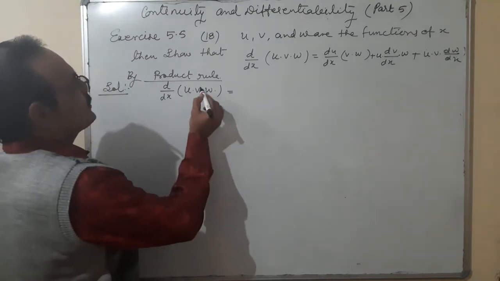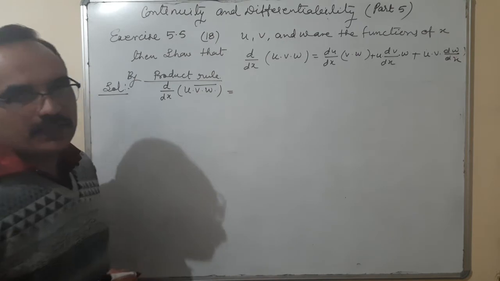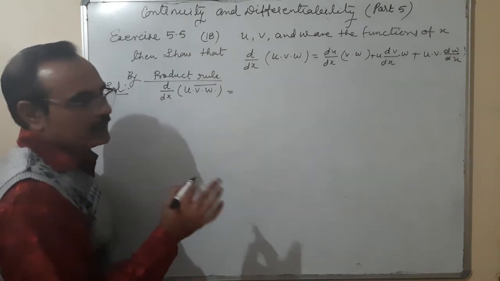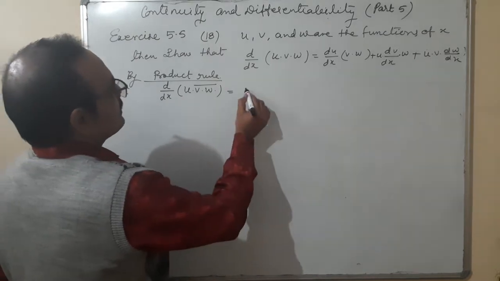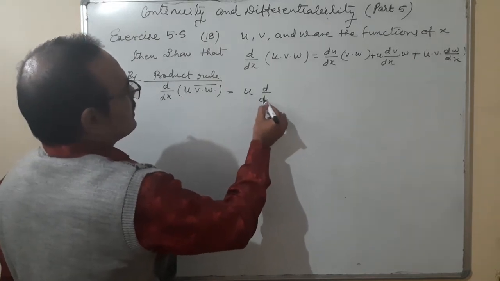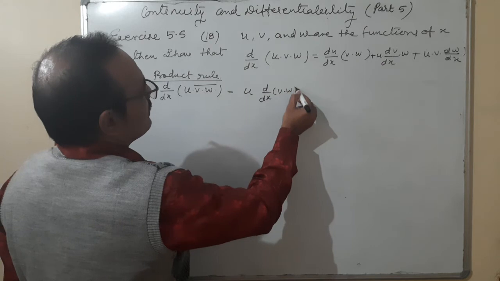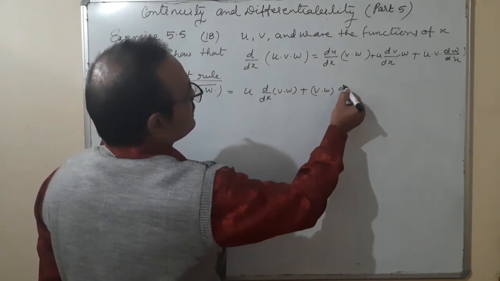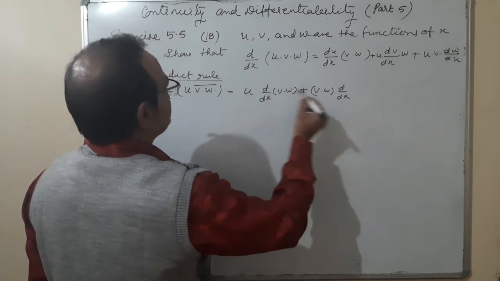You can take u as the first function and v w as the second function, or take any pair as first and second. Anything you can take: first function times differentiation of second function plus second function times differentiation of first function.